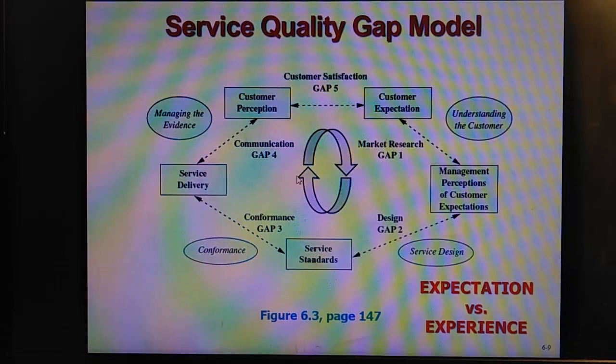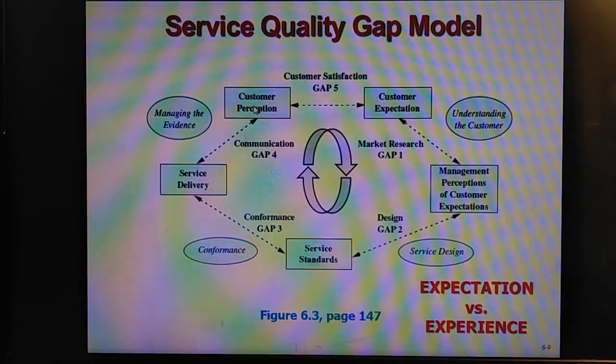Subsequently, it is the difference between service delivery and customer perception. The service which is being done for your car and the perception from the customer, this is what we call the communication gap.